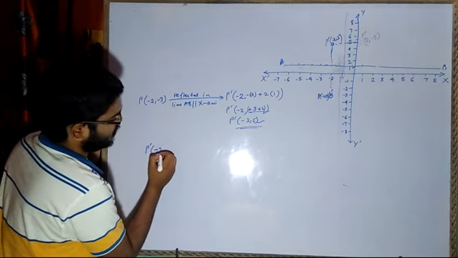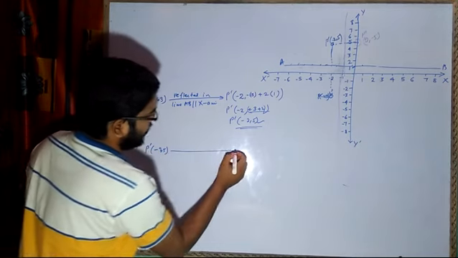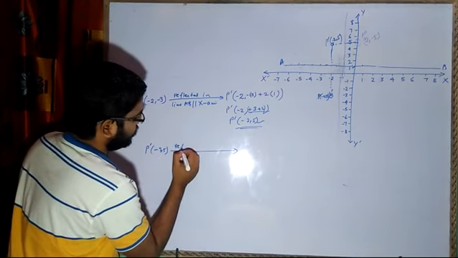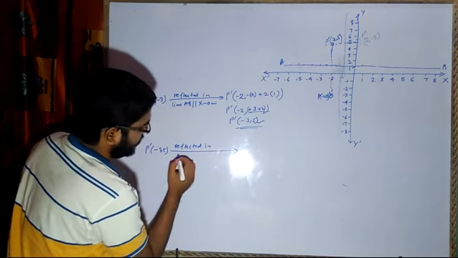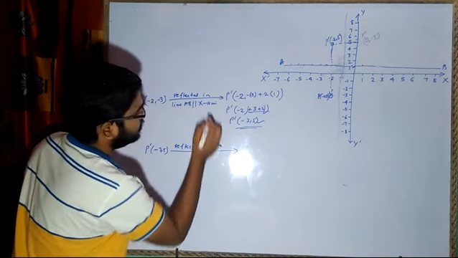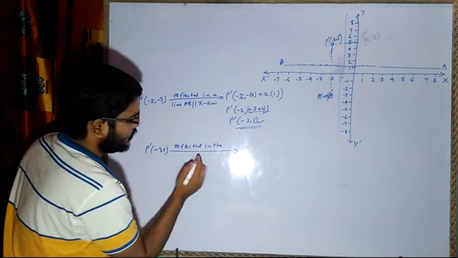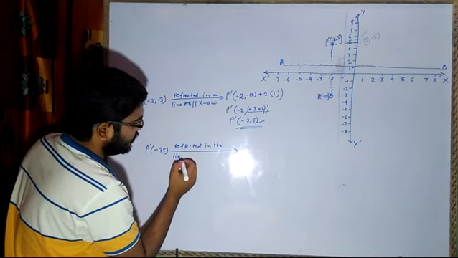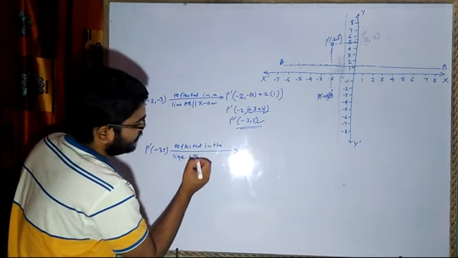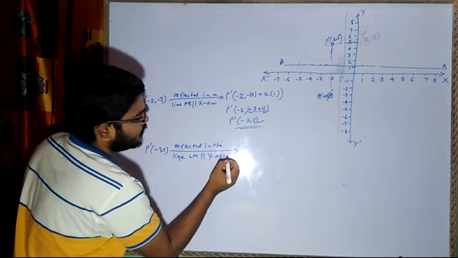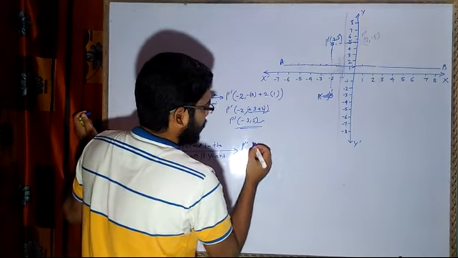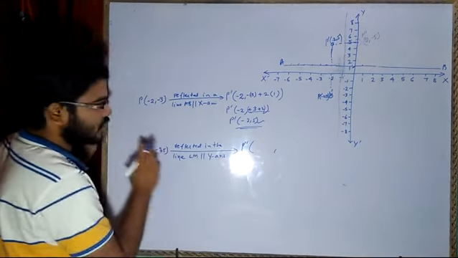value is how much? Minus 2 comma 5 reflected in the line LM parallel to y-axis. Now we know that when a line is parallel to y-axis, the coordinate of y does not change.